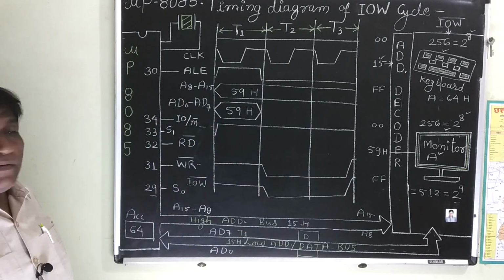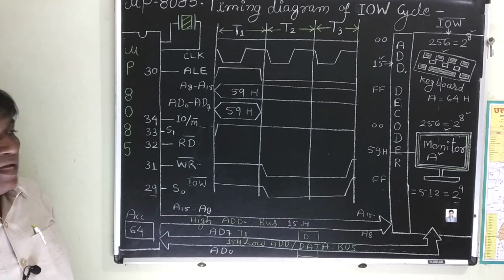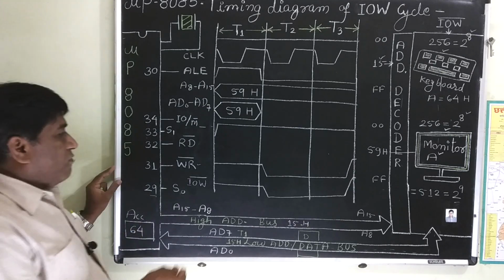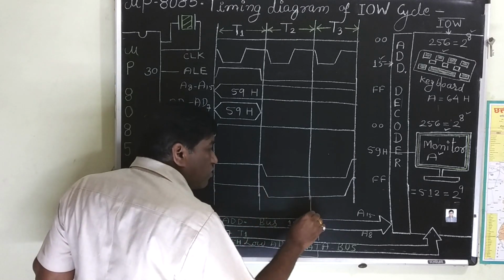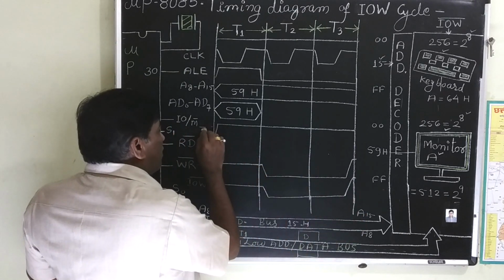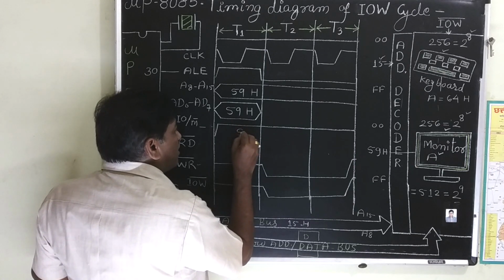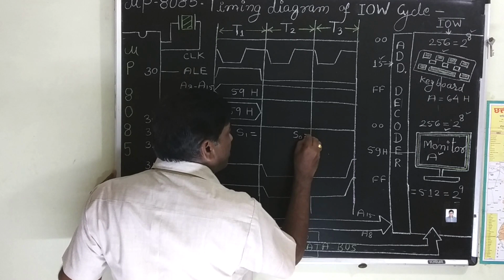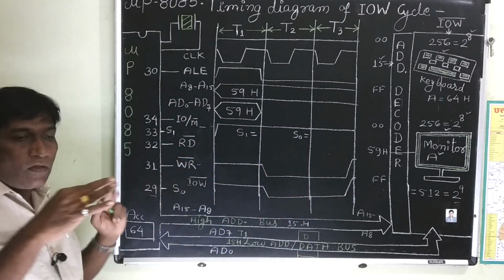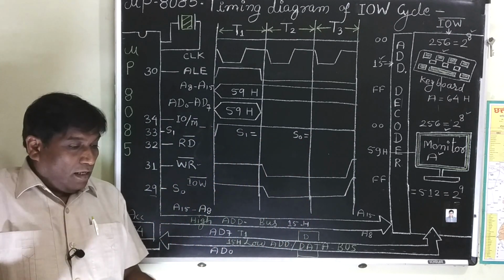and in this way we can complete the timing diagram. And as usual we can draw also, no problem, but in different books and different literature, with respect to IOM bar, the status of S1 and S0 is indicated, so we are also indicating it, so that no confusion should be there in study.